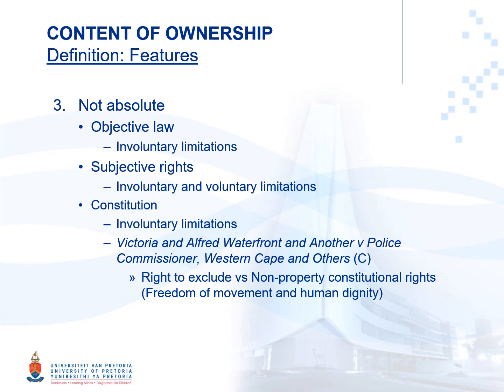You're welcome to read through that section in the textbook, specifically where this case is discussed, to also deepen your understanding of how a court will approach the situation where your ownership right comes up against a non-property constitutional right, such as, for instance, your right to human dignity, your right to security of tenure, and as we've seen in the Victoria and Alfred Waterfront case, a beggar's right to freedom of movement.